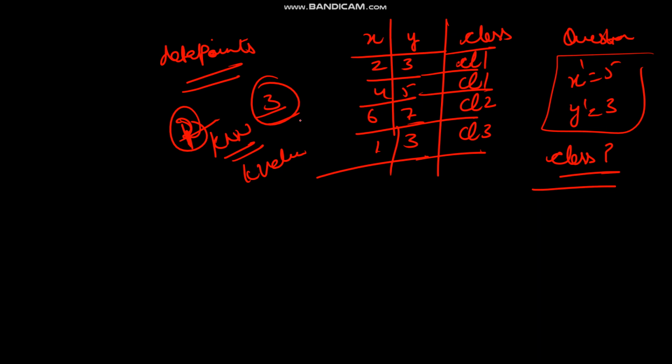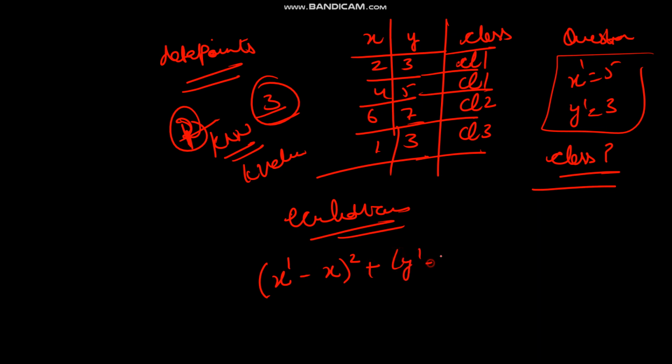Now when it is working on this technique, it will calculate the Euclidean distance or Manhattan distance. What is the formula for Euclidean distance? It is the square of x dash minus x plus the square of y dash minus y.